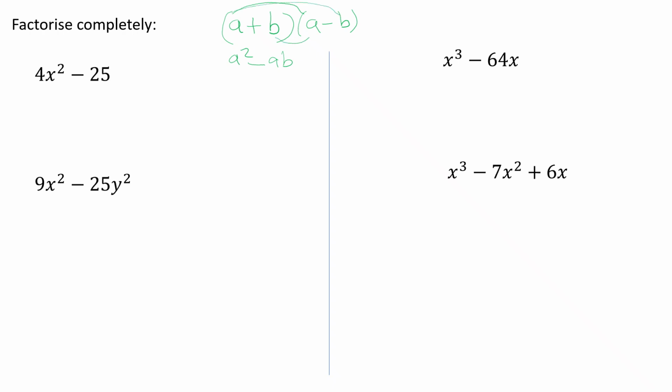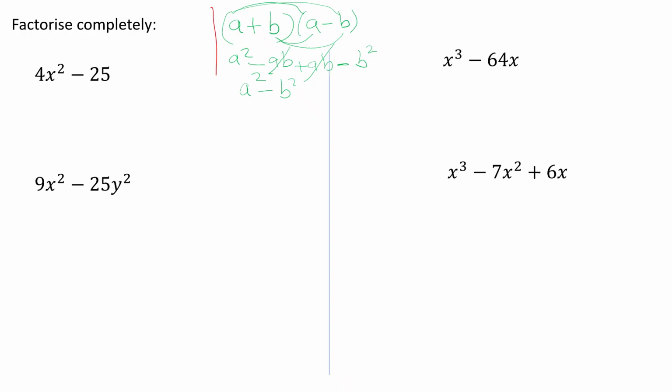Then if you multiply b times the second bracket, plus ab minus b squared. Okay, so ab plus ab minus ab cancel. So you will end up with a squared minus b squared.